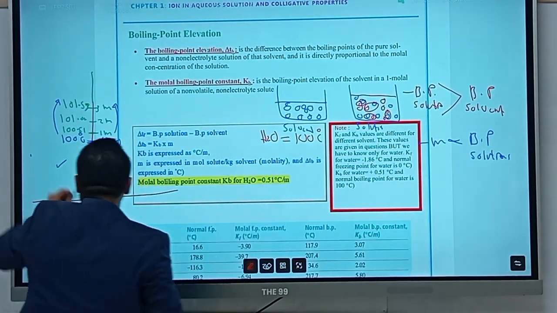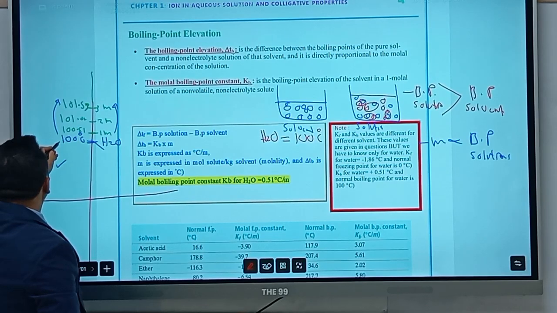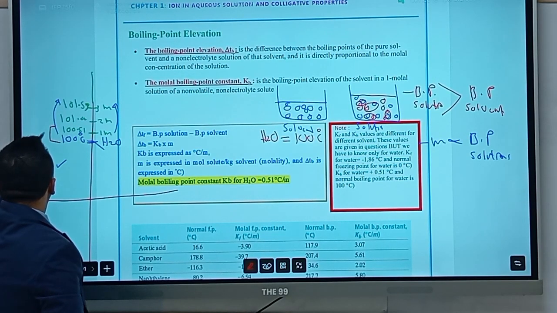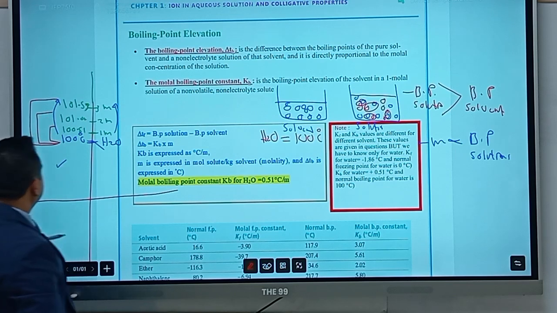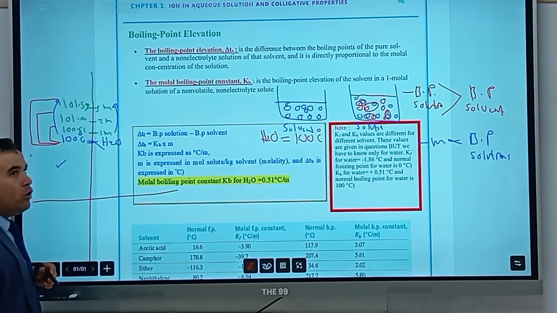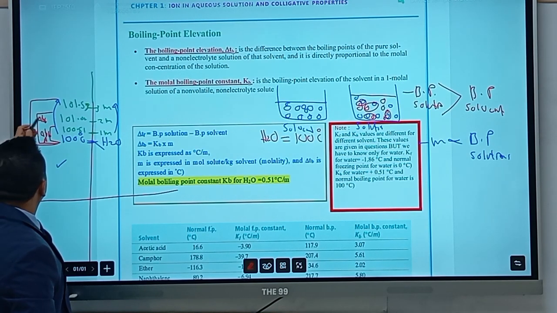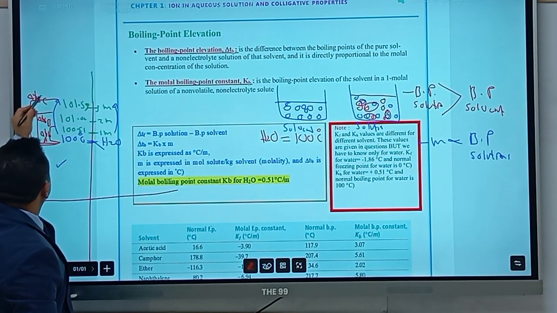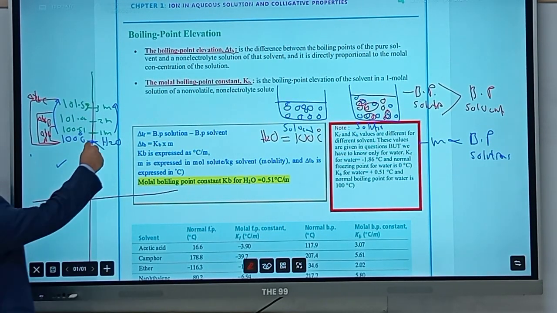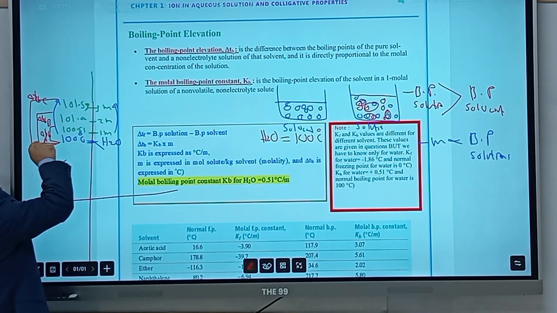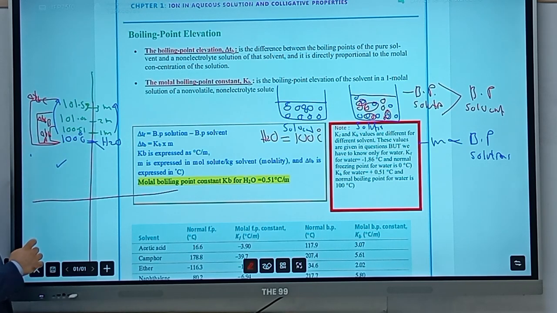And as you can see, guys, what happens to the difference as we increase molarity? The boiling point elevation is represented by delta TB, guys. Delta TB of A, delta TB of B, delta TB of C. The one with the higher molarity has a higher delta TB.